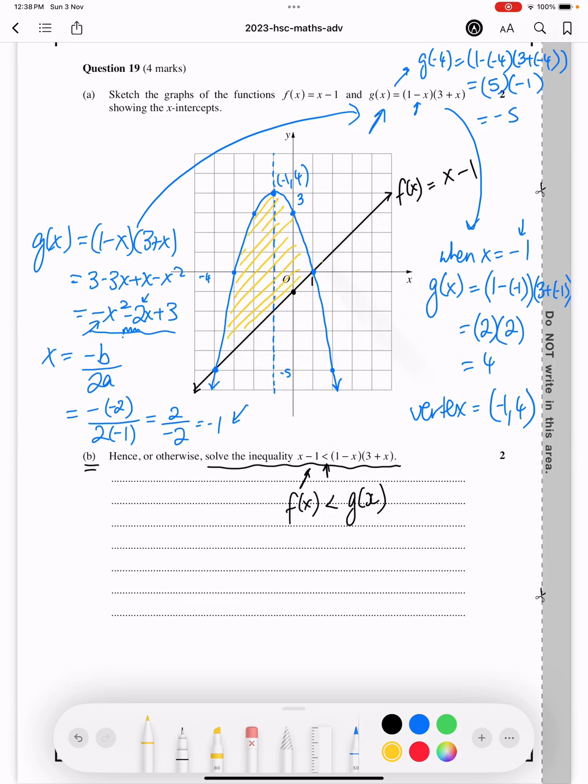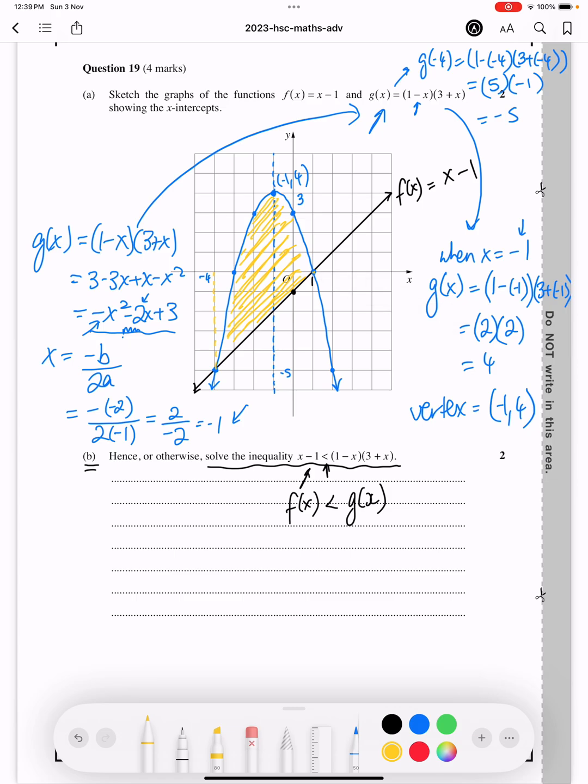Beyond those points, f of x is actually greater than g of x because the f of x is higher than the g of x on this side and on this side. And so our solution is going to be this area that is bound in between. So what are those corresponding x values?